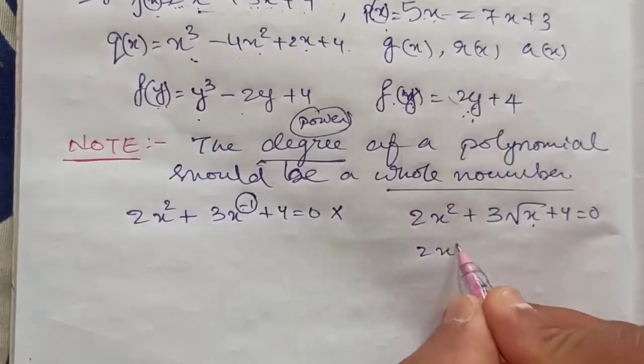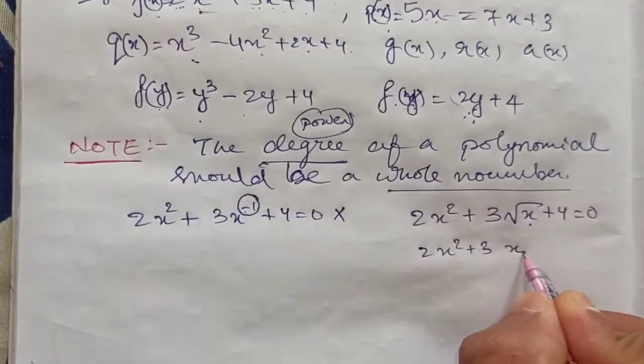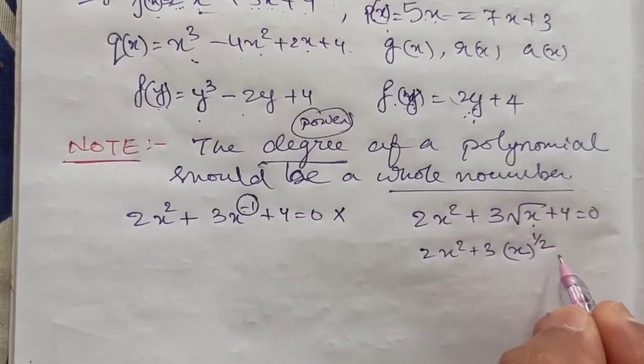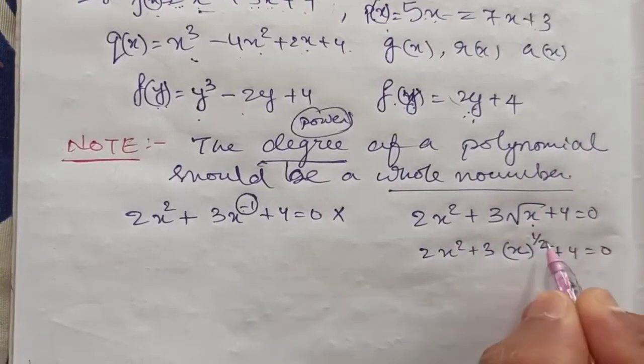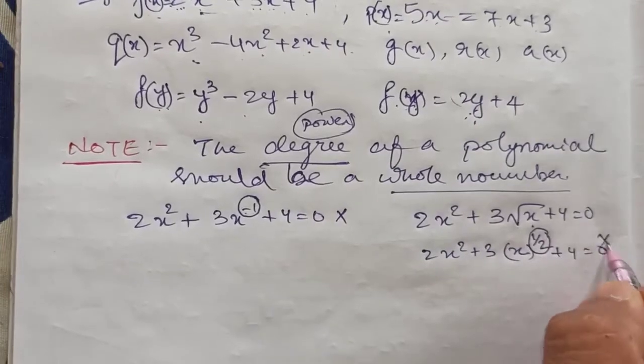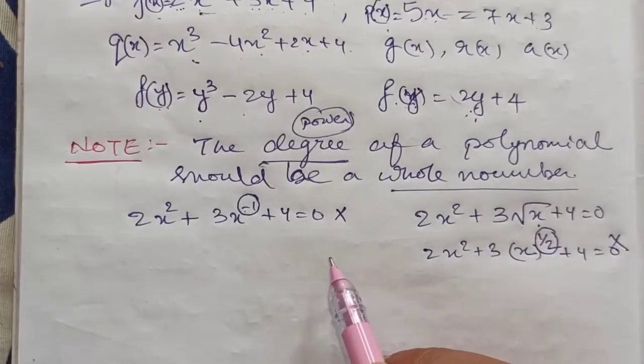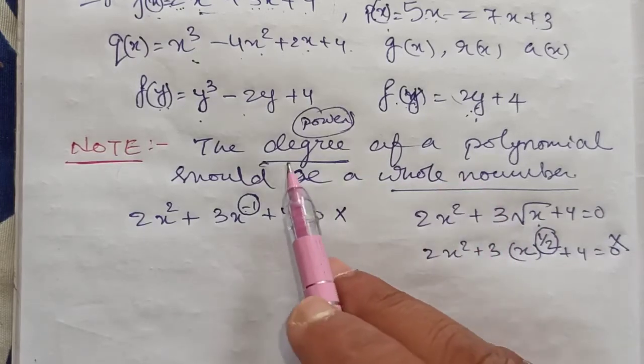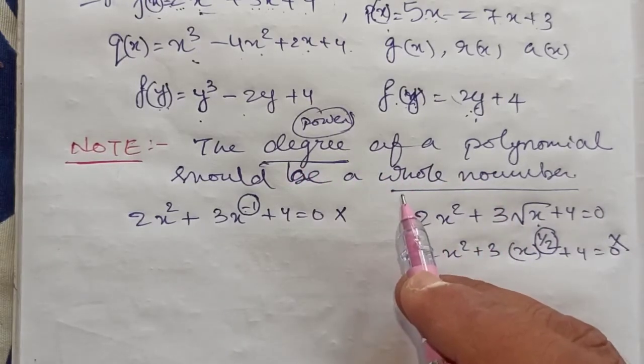What is the value of root over? I already explained in the rationalization chapter, in the exponents and power chapter. The value of root over is half. So fractional powers we should not get. In this way you can identify polynomials: they should have a degree that is a whole number.